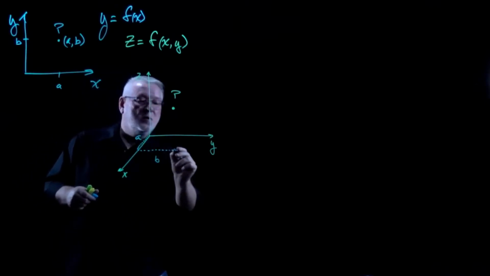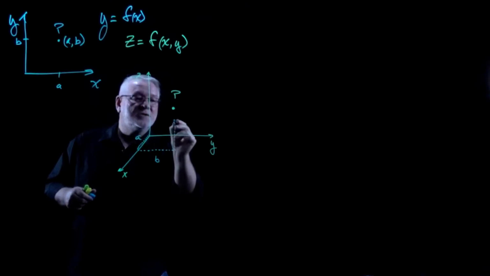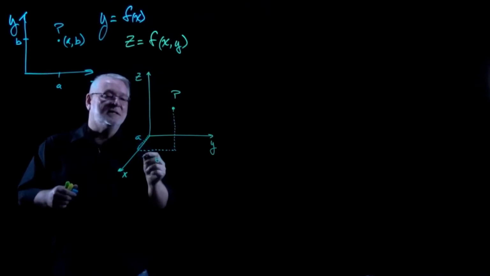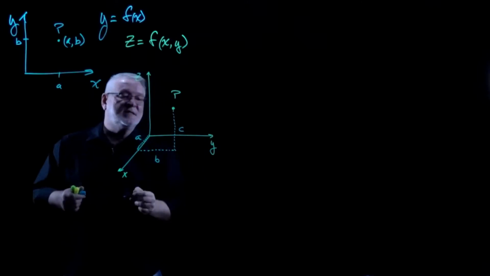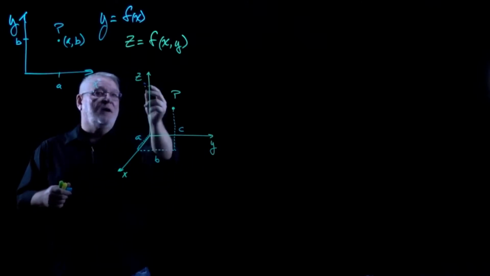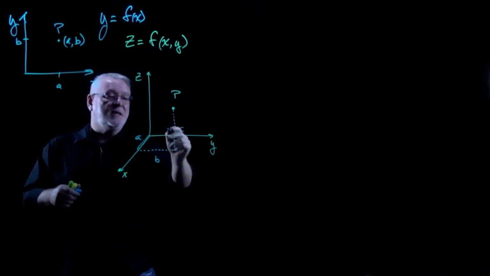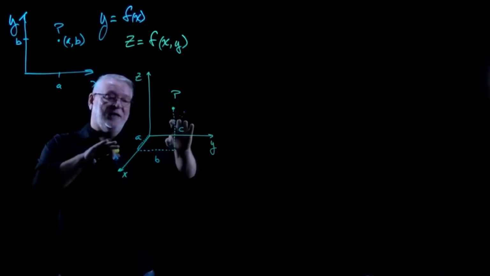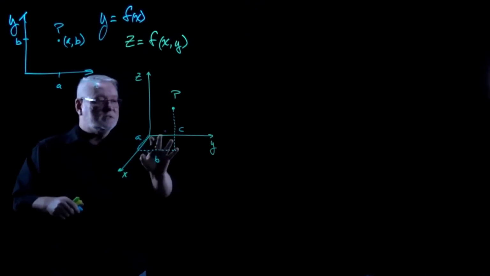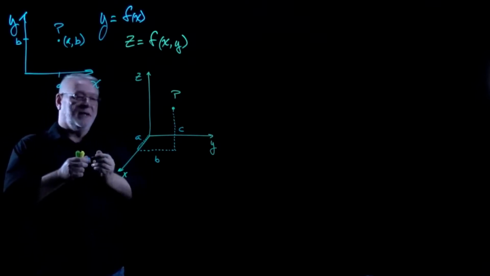And then finally, we'll run a vertical line straight up parallel to the z-axis. I'll call that distance c, and this is how far above the xy plane point P is. So there's the location of it in 3D space.